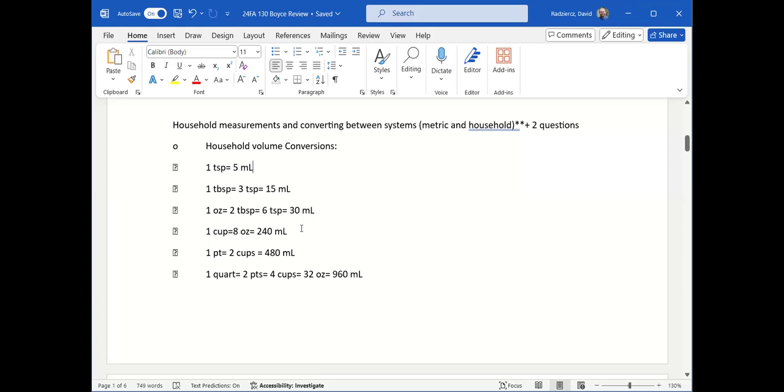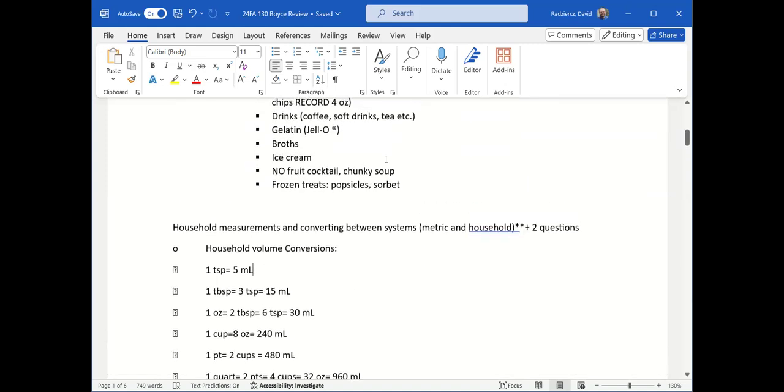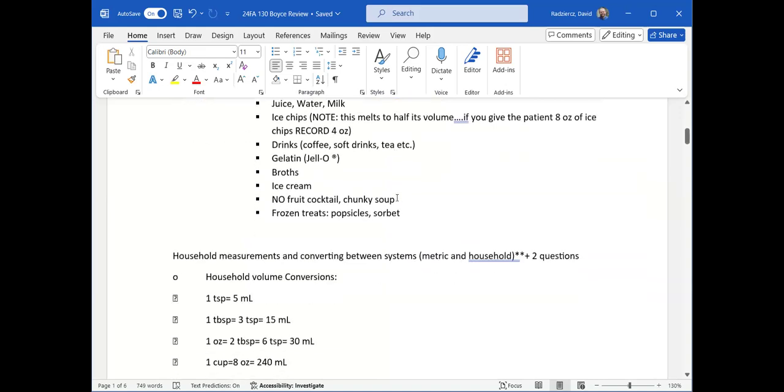A cup is 8 ounces, which is 240 milliliters. A pint is 2 cups, which is 480 milliliters. And then a quart is 2 pints or 4 cups, which is 32 ounces or 960 milliliters. So these are the numbers you want to use when you're making your conversions for the intake type question.